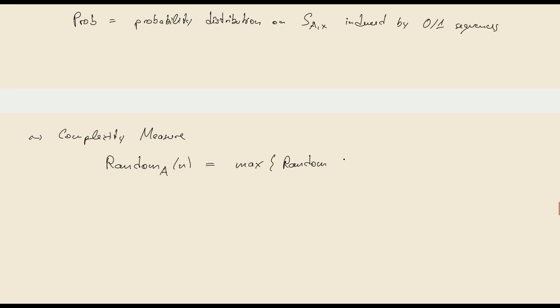And as usual, we will define complexity as worst case. So this is input size, so we maximize over all inputs with that size. And random for a specific x, the maximal number of random bits that we read.